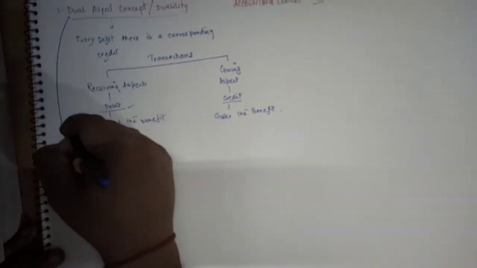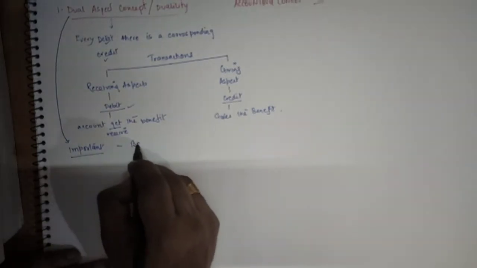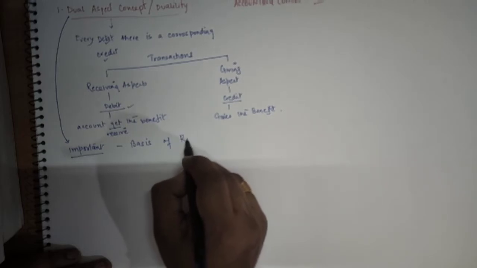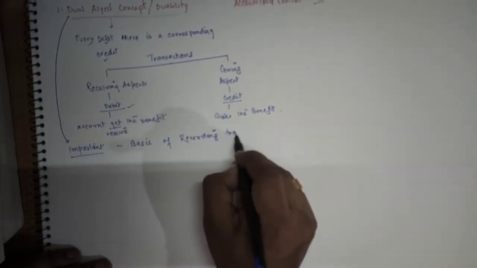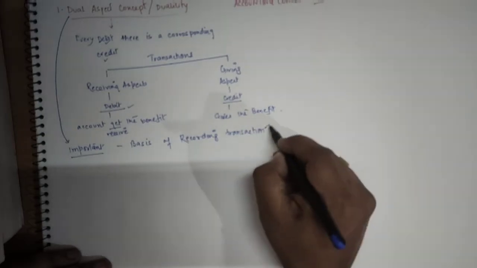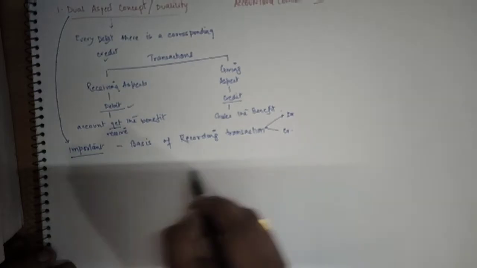The most important aspect of the dual aspect transaction is that it helps as a basis of recording transactions, in both debit and credit.